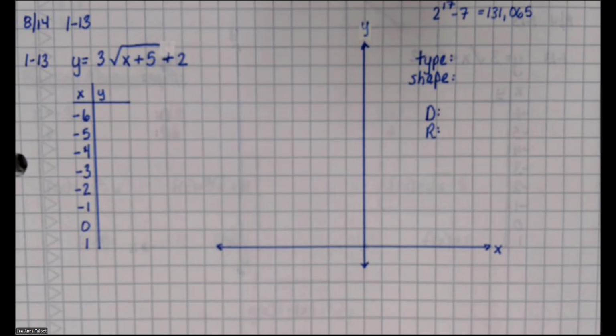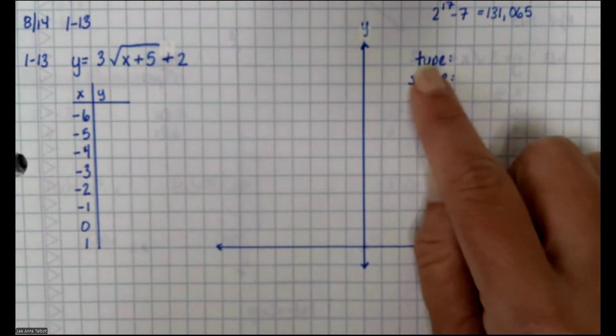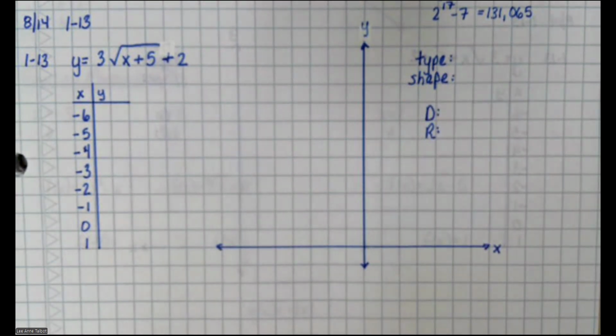This is your first math 3 thing. This word says type. If it looks weird to you, that's type.